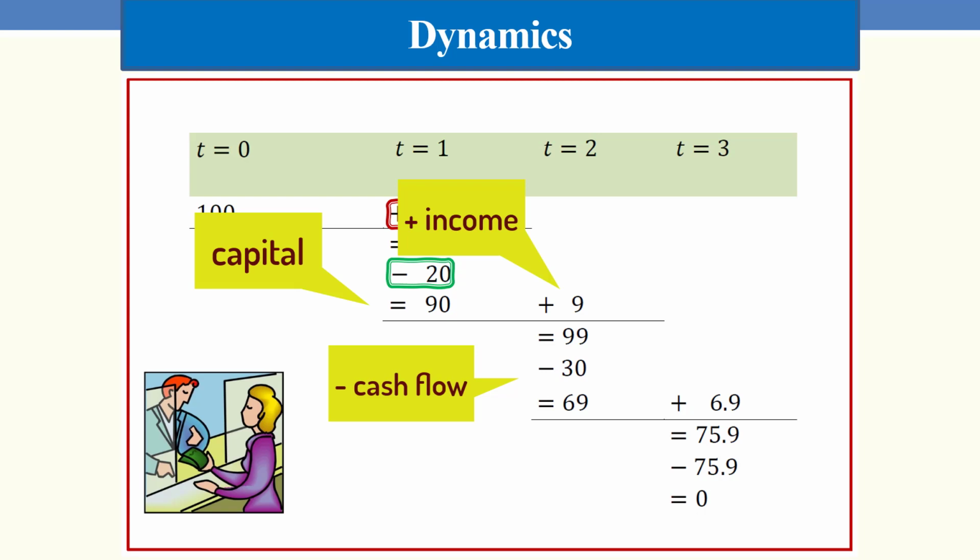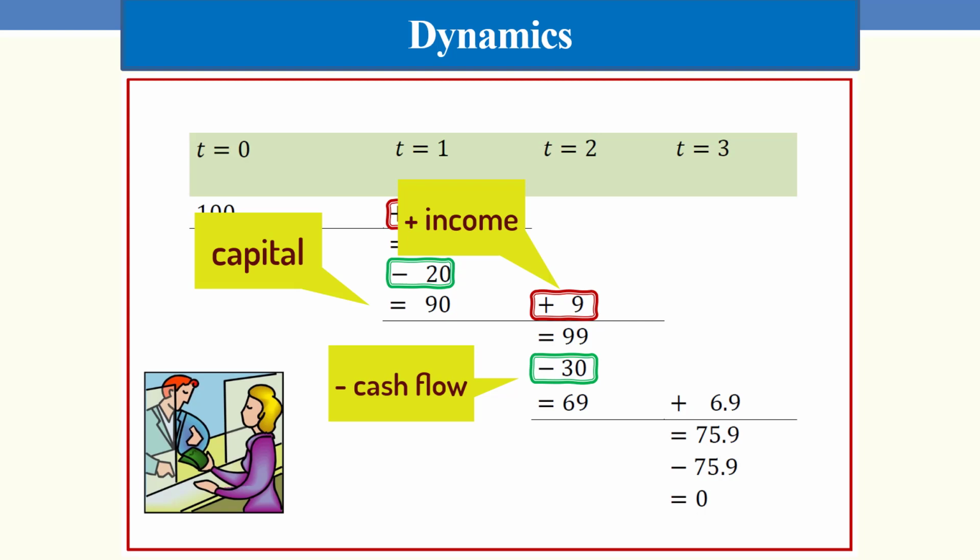In this second period, the firm's investments generate $9 income, so the end of period capital rises to 99. Suppose again that the firm distributes $30 to capital providers, so the next beginning of period capital is 69.